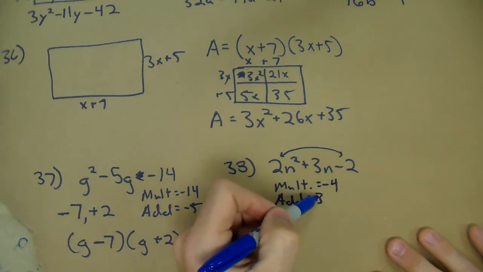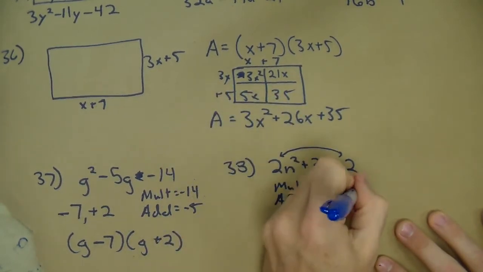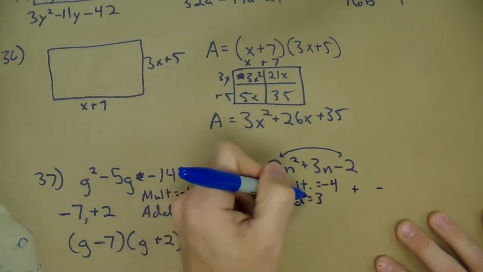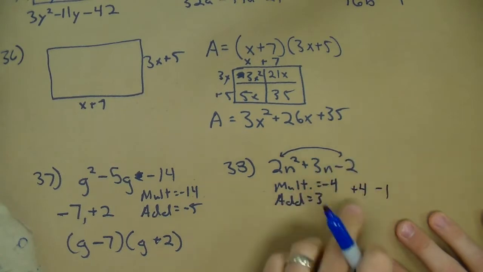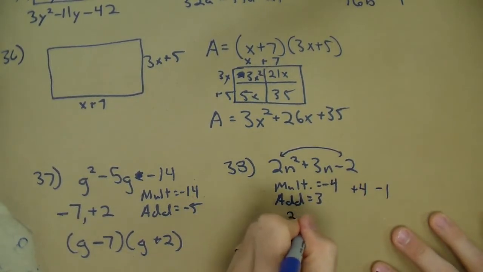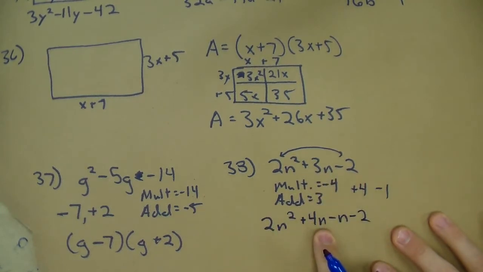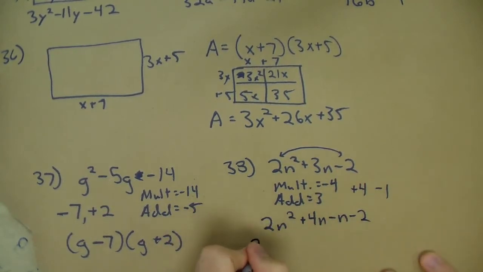So what can I use to multiply to -4 that adds to 3? A negative product tells me one's positive, one's negative. If they add to 3, I'm going to use +4, -1. So then I use that to split my middle term into these two terms, and then it's what we call factor by grouping.